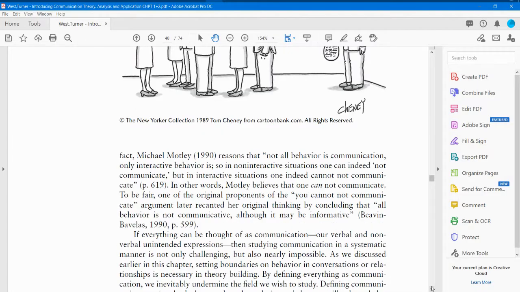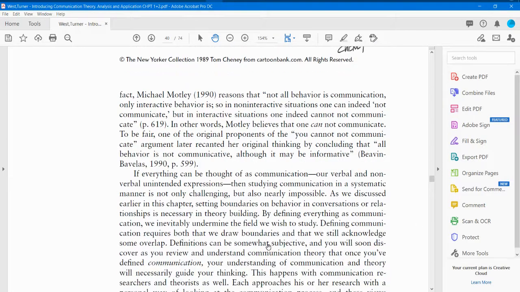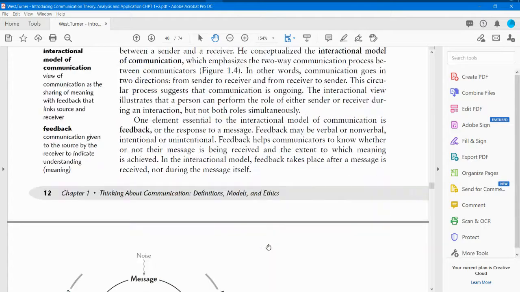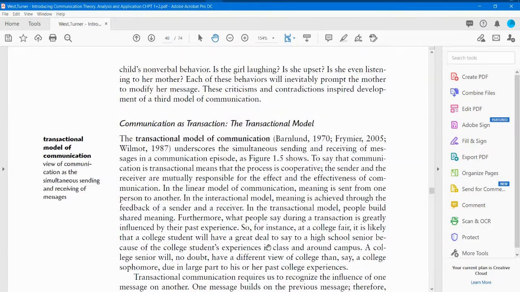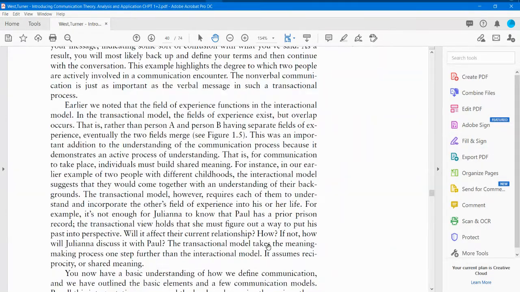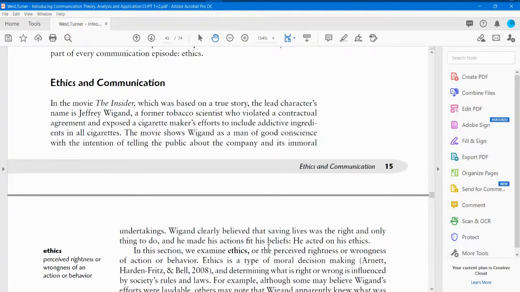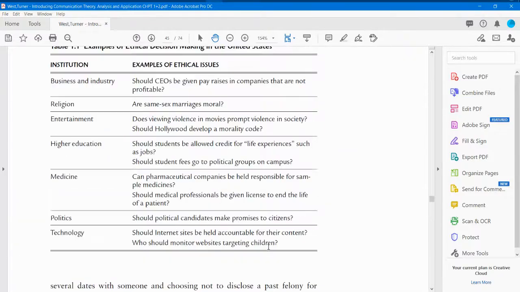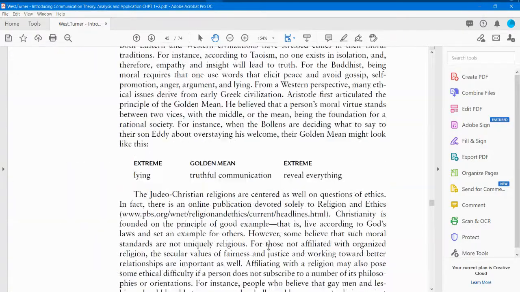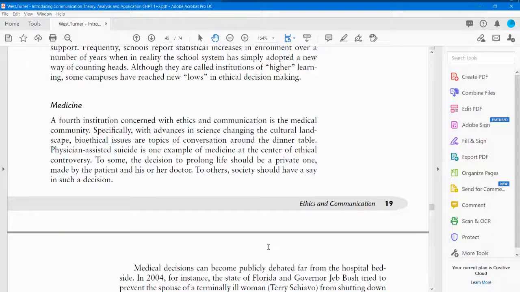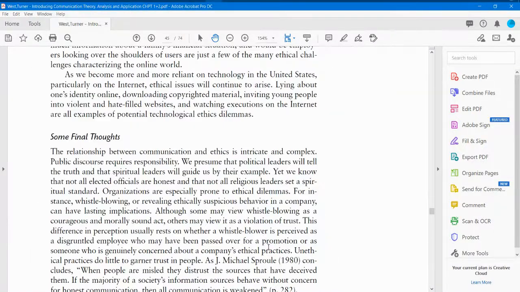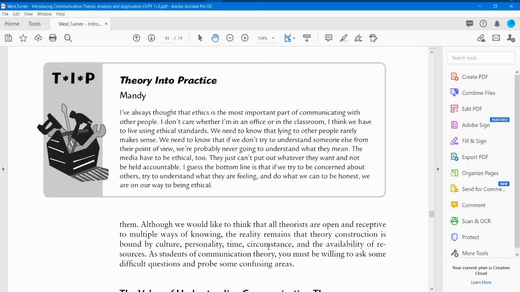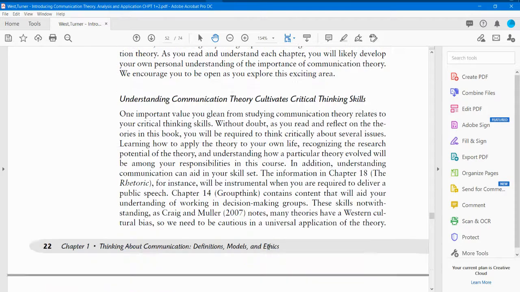Any section that deals with stories that are examples, so to speak, you do not need to study. But the actual text itself, you do need to study. So, for example, these are contexts in communication and so on. You'll notice, like Mandy, for example, theory into practice, you do not need to study these things.